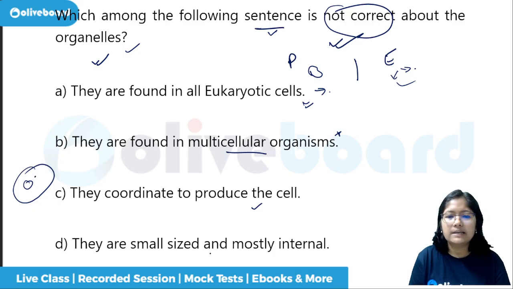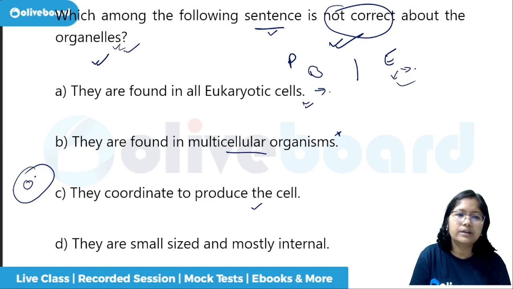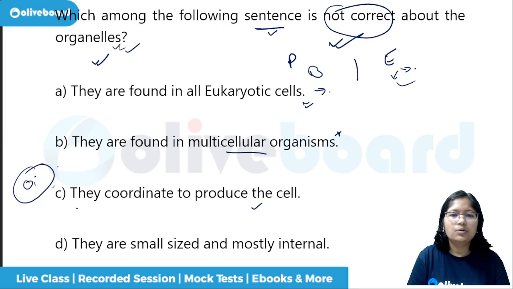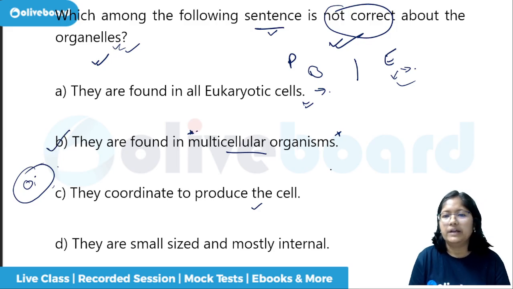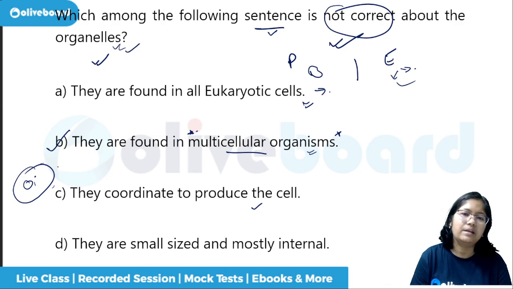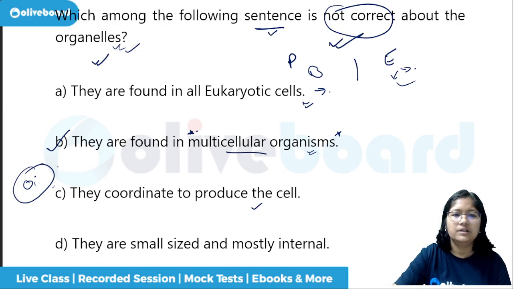They are small sized and mostly internal. Yes, cell organelles are mostly internal. So if we have to tick one single option, then we will tick, okay, they are found in the multicellular organisms, because the structure can be different and different types of cells can be there in the multicellular organism.